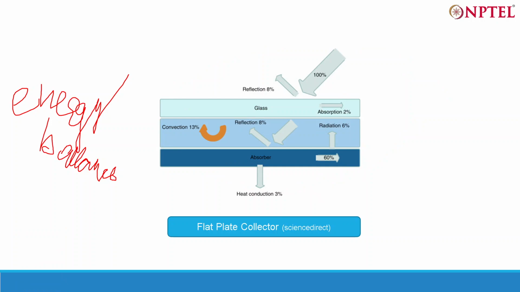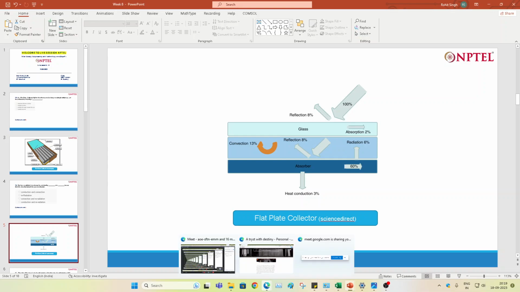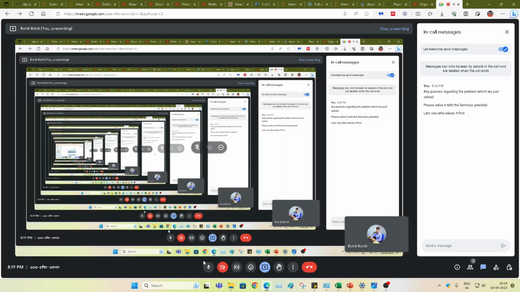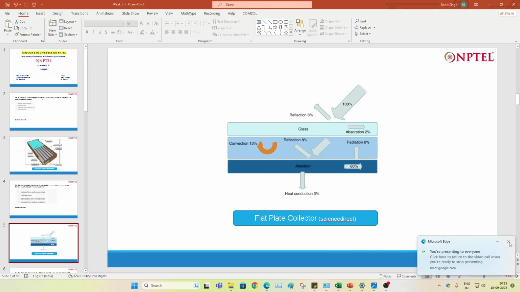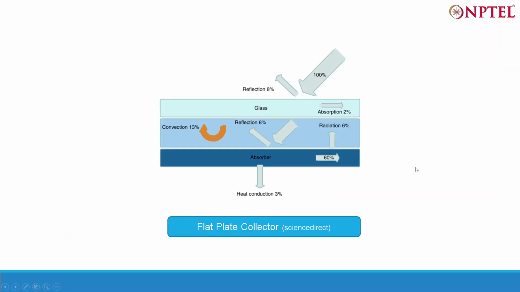You could easily understand the energy balance that I was talking about. This picture has been taken from a Science research paper itself. Please go through it, and if there is anything you want to understand, please ask me.